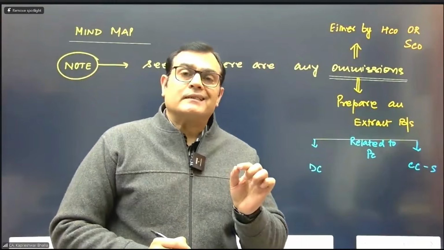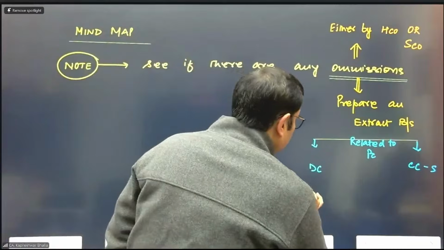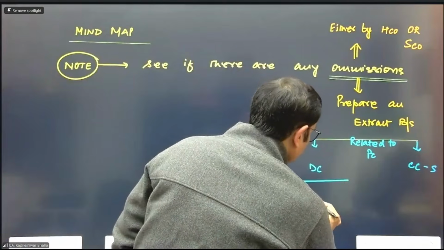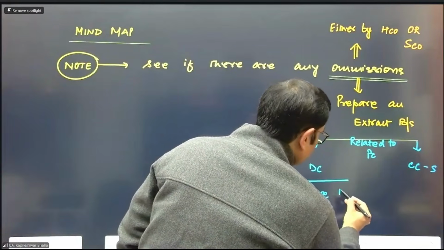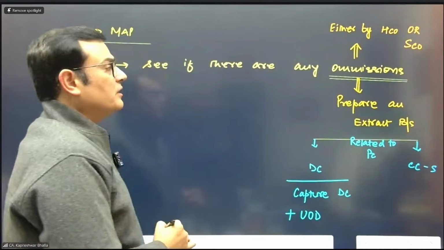Now, when you see that there is a deferred consideration omission, you just need to remember that you will capture the DC, and you will also consider the unwinding of discount.